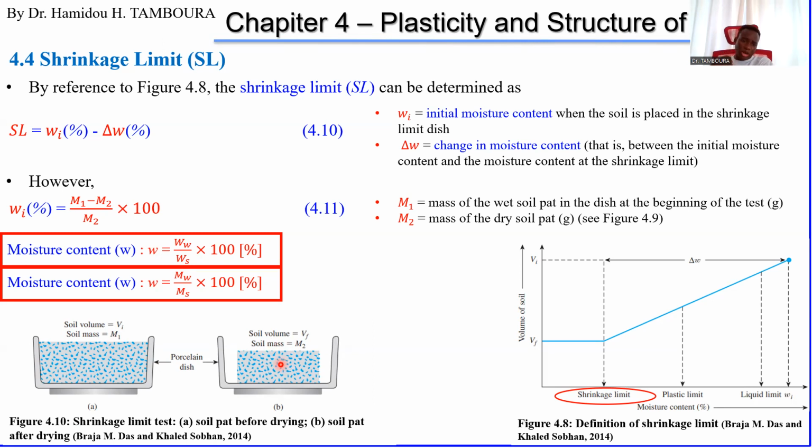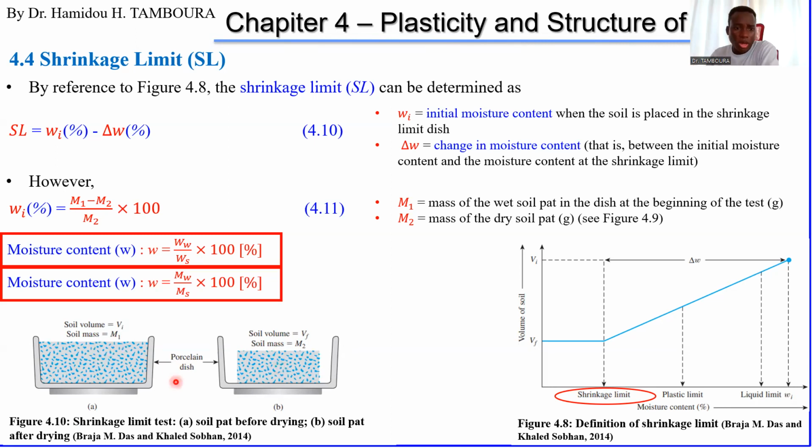Okay, so by doing M1 minus M2, we will get the mass of the water, right? Very simple, because the mass M1 here is the mass of both soil and water. Since here it is dry, it means there is no water, it's only soil.